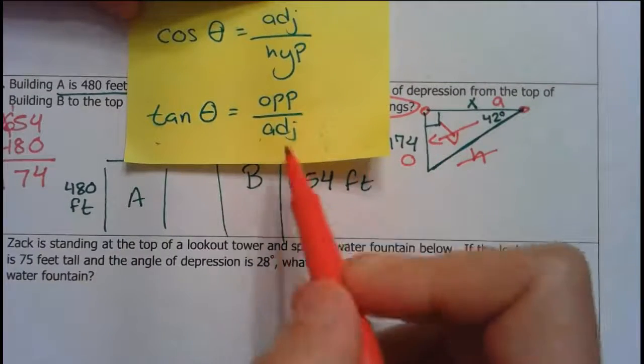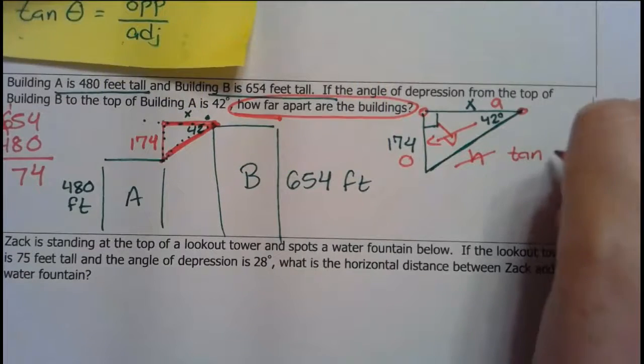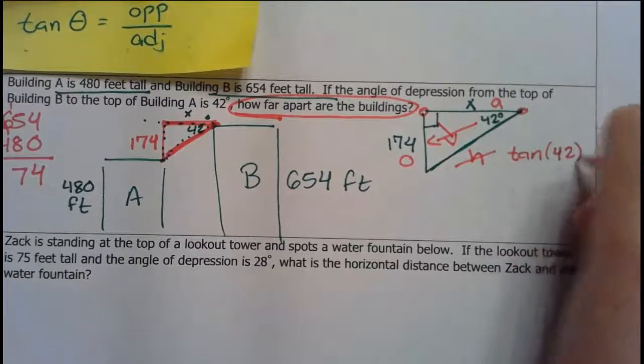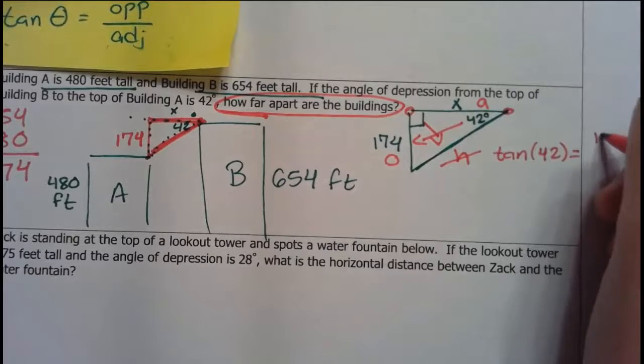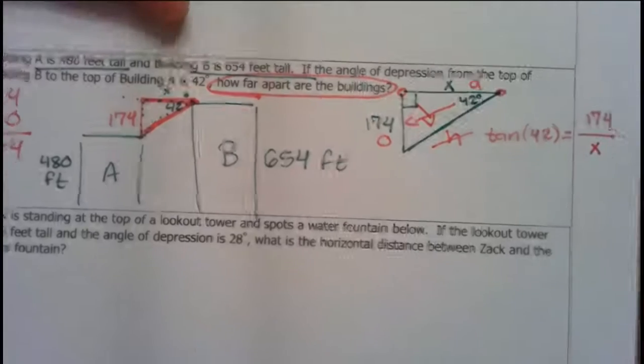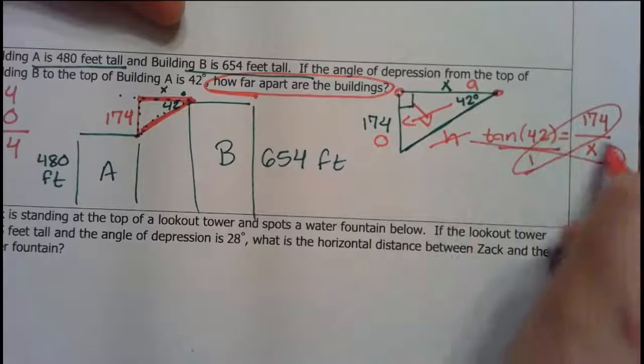We've got opposite and adjacent again. Like I said, most word problems are going to be tangent. Angle goes in the parentheses. We've got opposite over adjacent. Now we're going to do cross multiplication to solve.